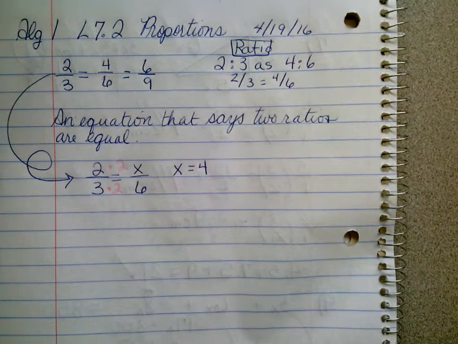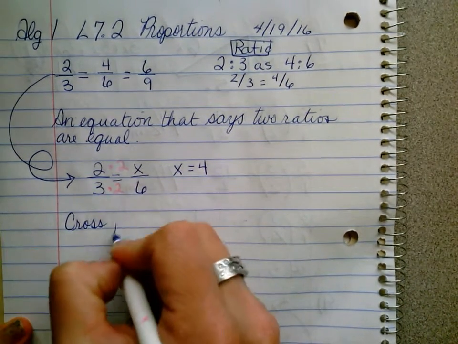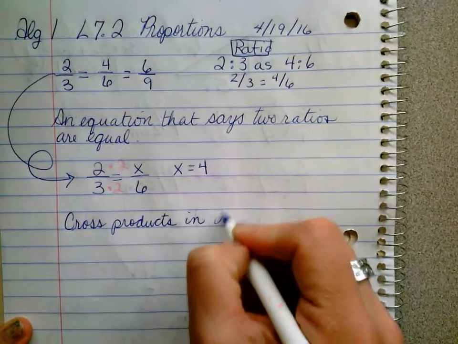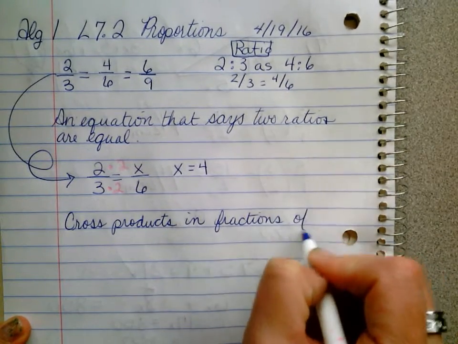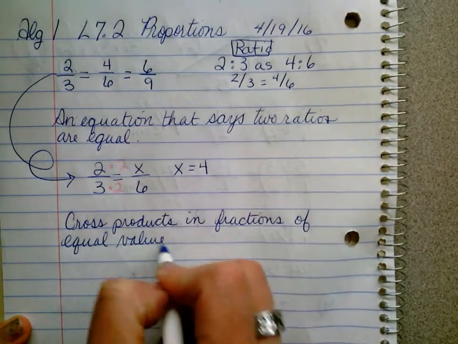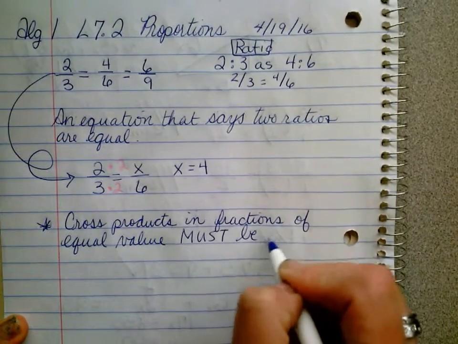What we're going to primarily be using is something we described a little ways back. And I believe it was called the cross product principle, which means, and I'm kind of paraphrasing, fractions of equal value must be equal.